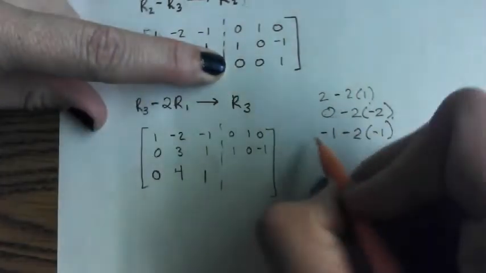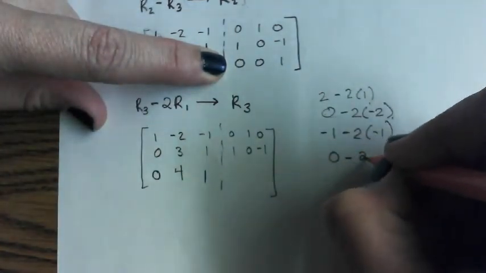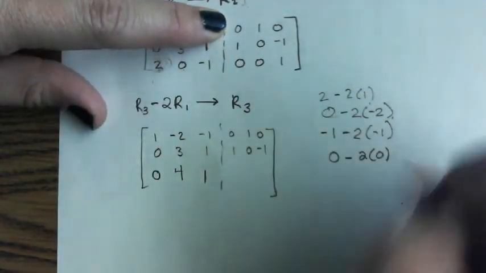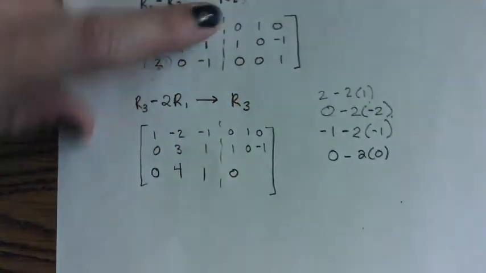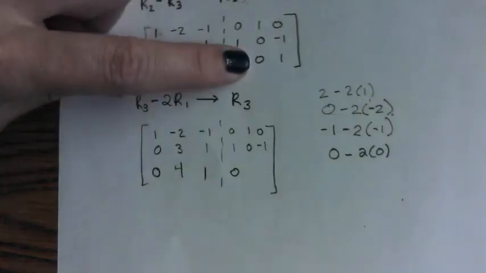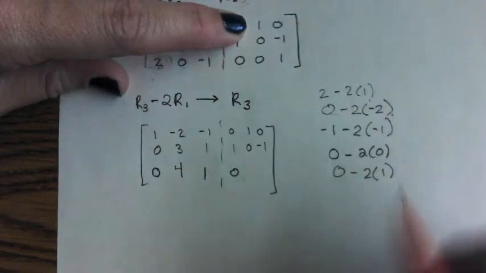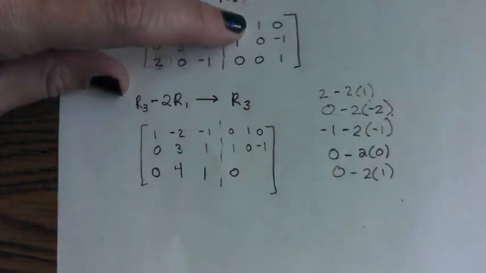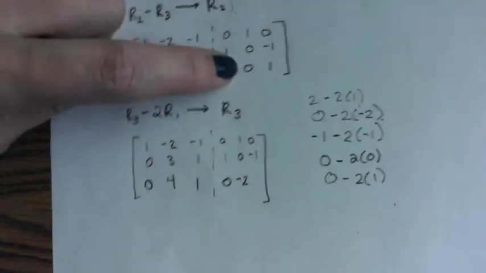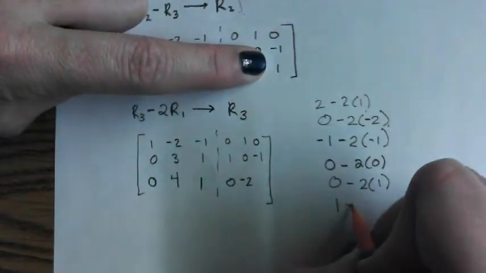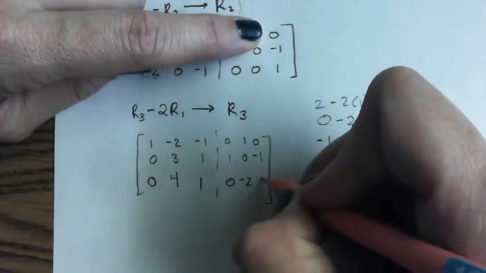Row 3, 0, minus 2 times row 1. 0 minus 0 is still 0. Next spot, row 3 is 0, minus 2 times row 1, which was 1. What does that give you? Negative 2. And the last one, row 3, 1, minus 2 times the row 1 of 0. 1 minus 0 is 1.